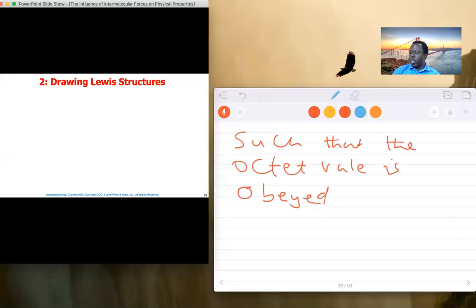So you want to distribute the remaining electrons in such a way that the external atoms satisfy or obey the octet rule. That means they should end up with 8 electrons.